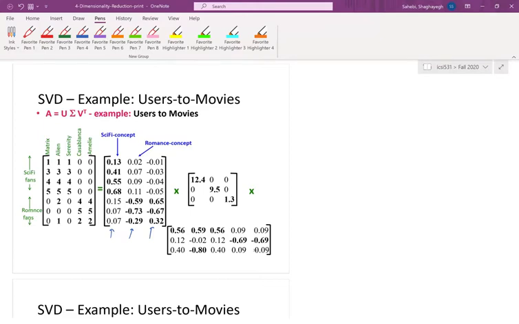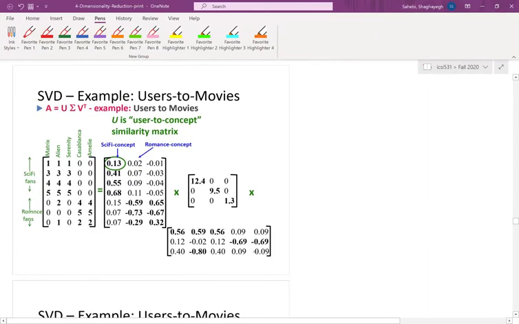Why? The values are larger for users who like sci-fi in this column and smaller for the users who liked romance. But if we look at the second and third columns, it's the other way around. The magnitude of values in columns 2 and 3 are larger for the users who like romance movies. So maybe we can say that these two columns are mostly about romance concepts.